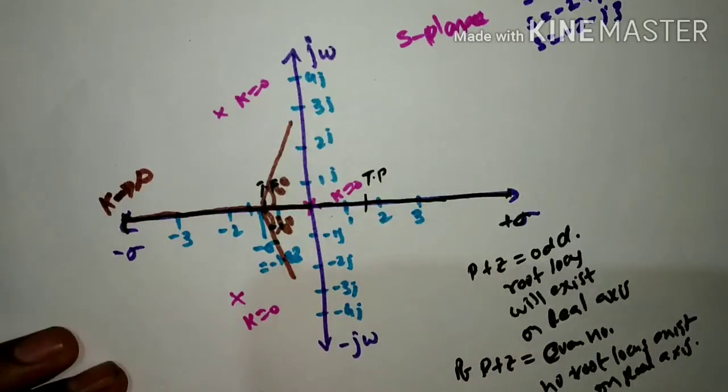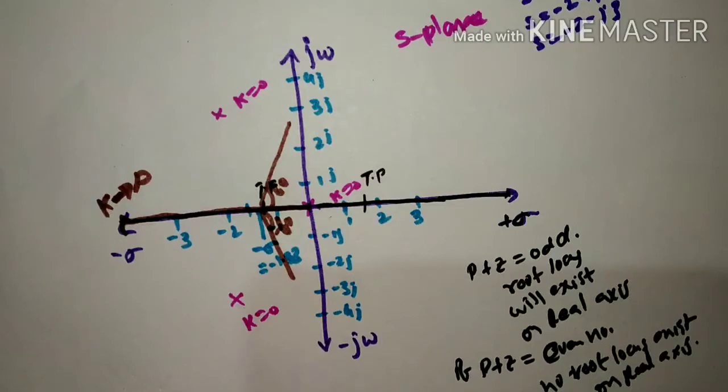Now the fourth step: you have to find the breakaway point. Here there is no breakaway point.